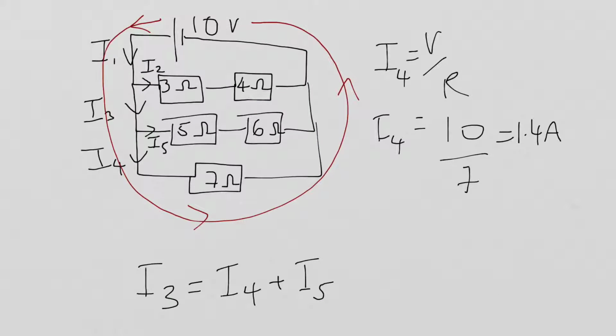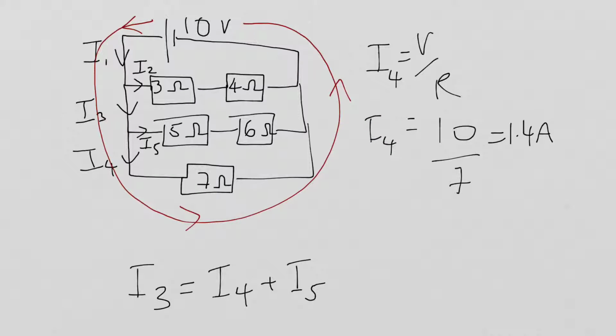The next stage might be to find I4, so this time I'm taking the outside loop, so this time the voltage is still 10 because we've only got one cell in the circuit, and the resistance in that loop is 7. So to find the current flowing through that resistor, it's 1.4 amps.